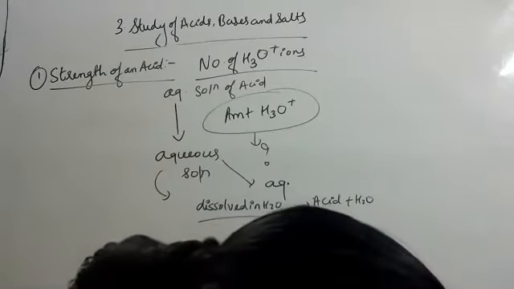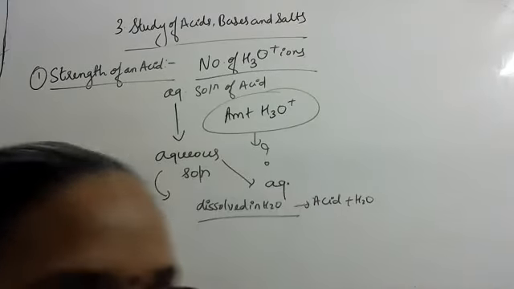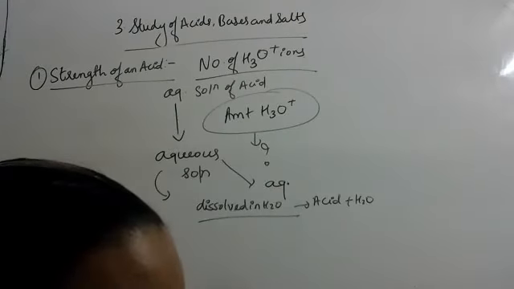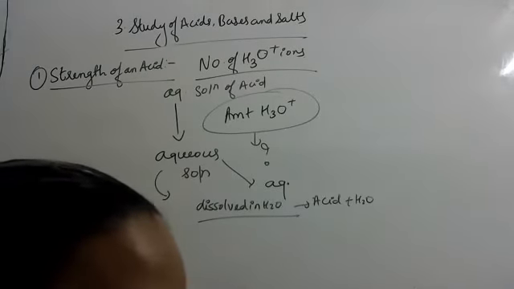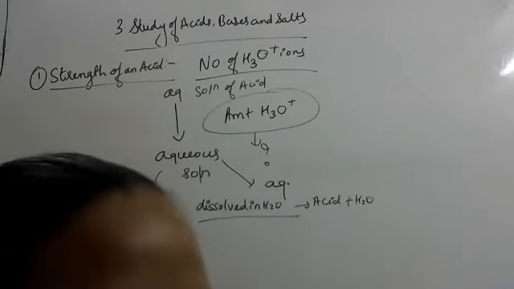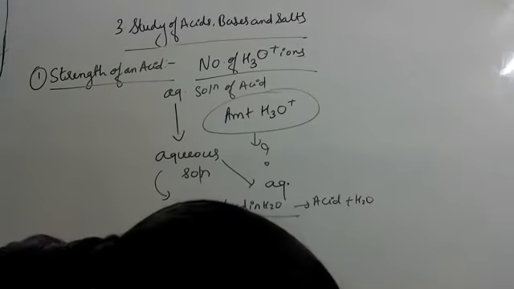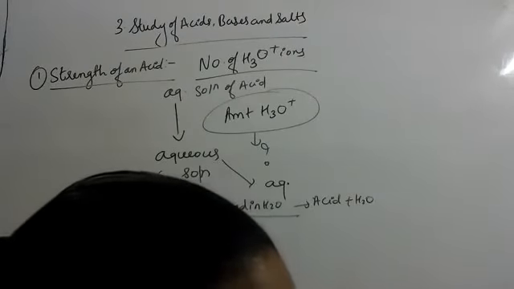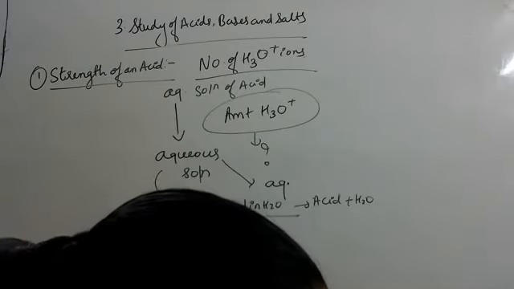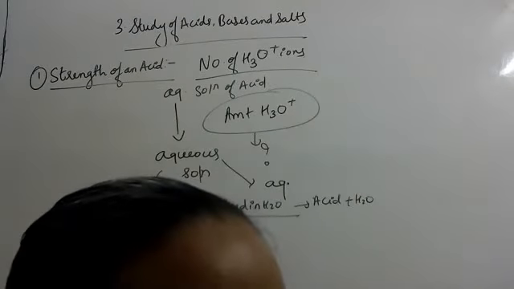In that, write down the number of hydronium ions present in the aqueous solution of the acid is known as the strength of the acid.